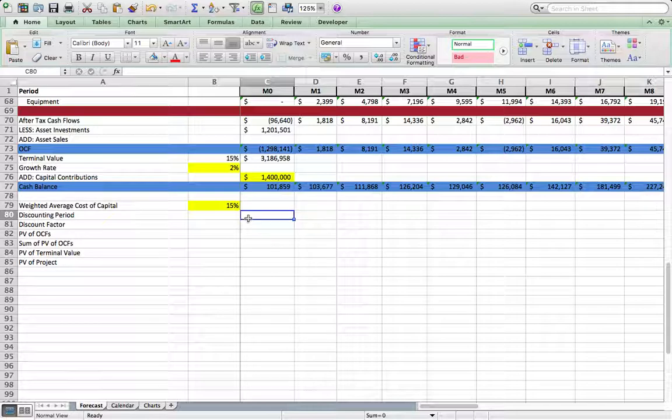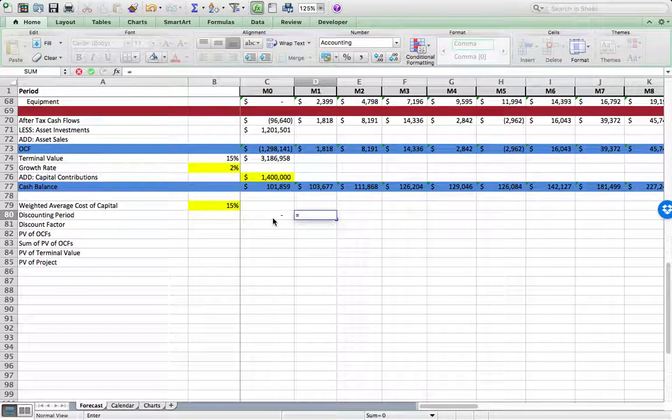Next thing we need to do is to figure out the discounting periods. How many periods into the future does the cash flow happen, so that we can figure out how many periods to discount back for. The early stuff, we're just going to assume that's happening today, so it has a discount period of 0.